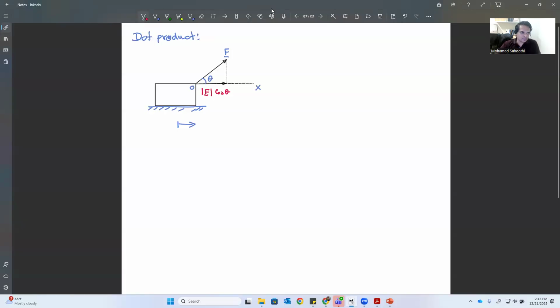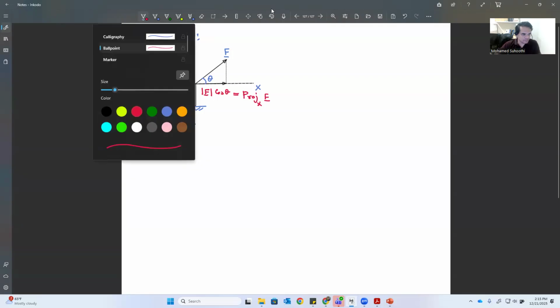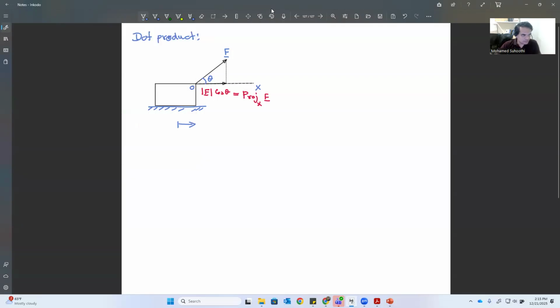I will name this component the projection of F along this X direction. So that means the projection of vector F along this X direction is actually this one.